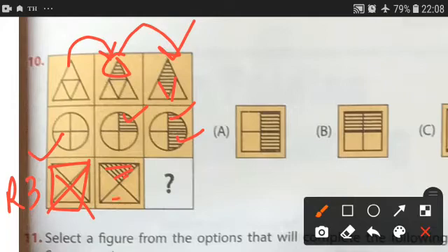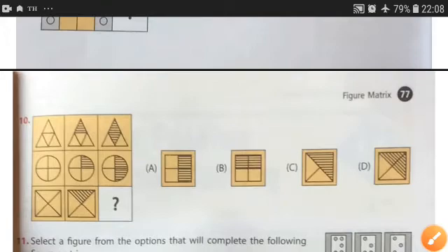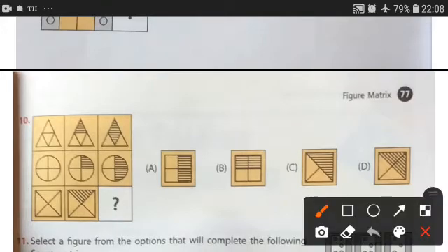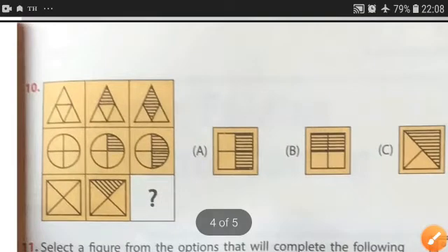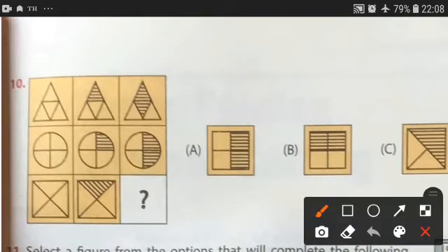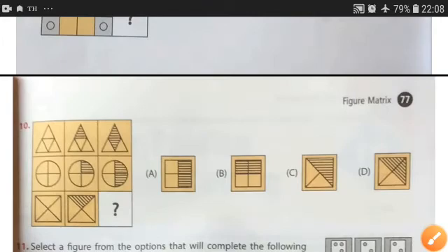Then the bottom part will be shaded. The correct option will be, this bottom part will be shaded like this. Okay, correct option will be option number D.